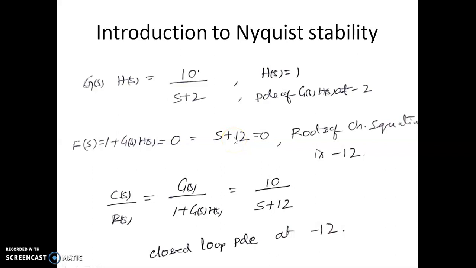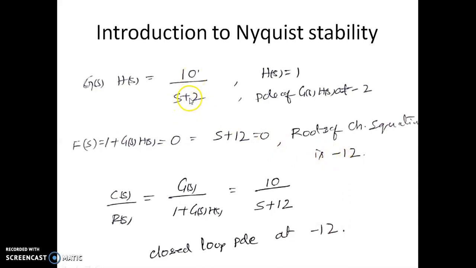This is the characteristic equation of a system having this open loop transfer function. The root of this characteristic equation is minus 12, for the open loop transfer function of 10 by s plus 2.